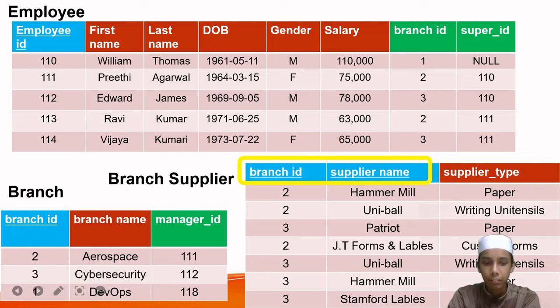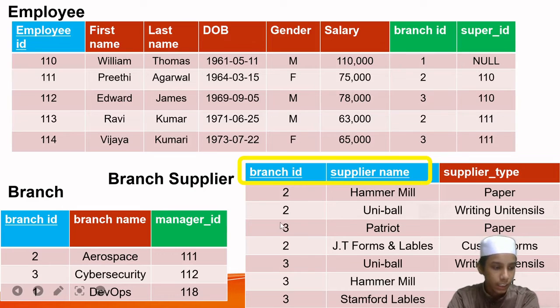Branch ID is going to refer to the specific branch, from which branch it was coming, but supplier name is going to refer to who the supplier is. For example, if I am the supplier of the branch, then it's going to refer specifically to me. So supplier name is going to refer to the specific supplier.